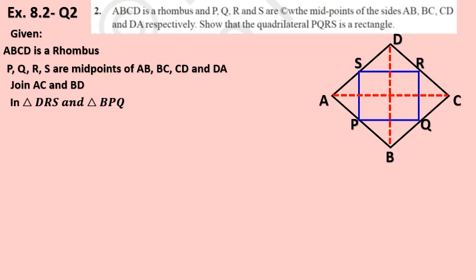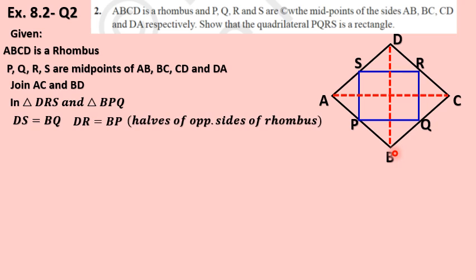In triangle DRS, this triangle, and triangle BPQ, this triangle. In this, DS equals BQ and DR equals BP, because they are halves of opposite sides of a rhombus. In a rhombus, we know that all the sides are equal, so half of their sides also will be equal.